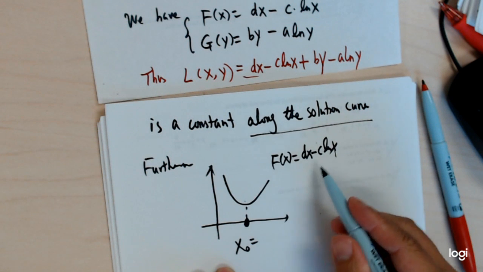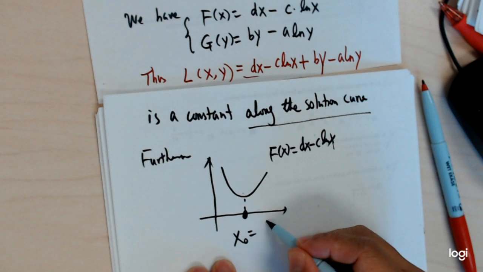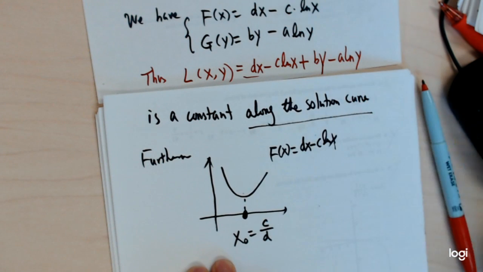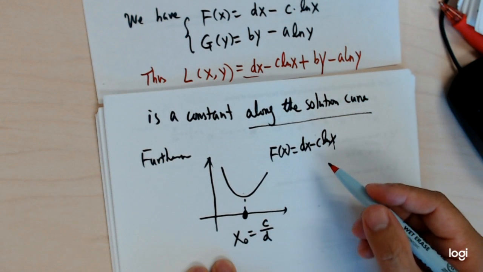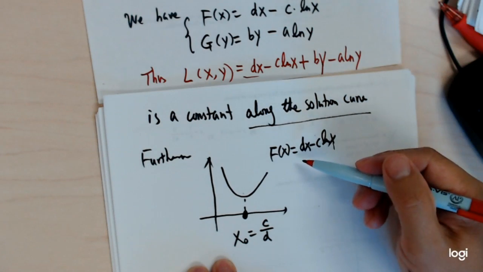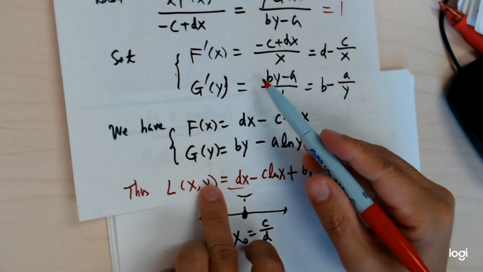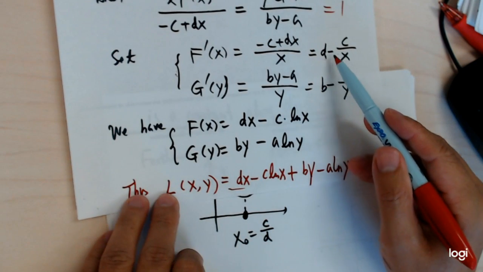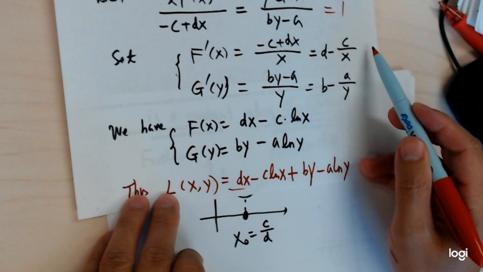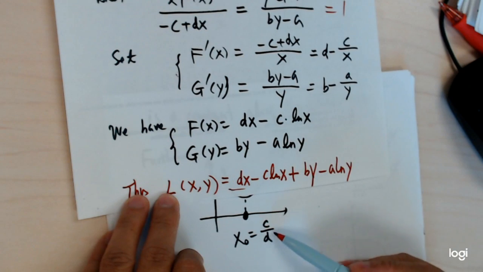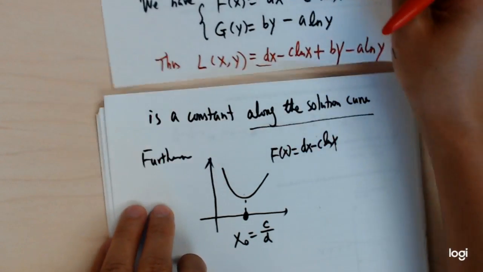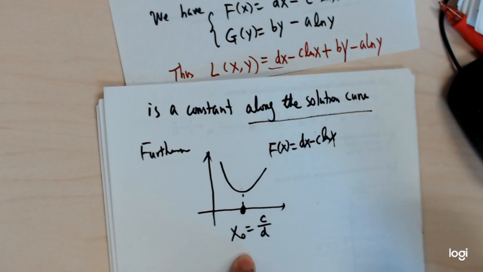This is a pure function of x, so it achieves the minimum at x naught equal to c over d. For those who are wondering why that is the case, you can just differentiate this guy and set it equal to 0. You differentiate this guy, you get d minus c over x. Set it equal to 0. You solve for x, you get c over d. So that turns out to be the minimum point for f.